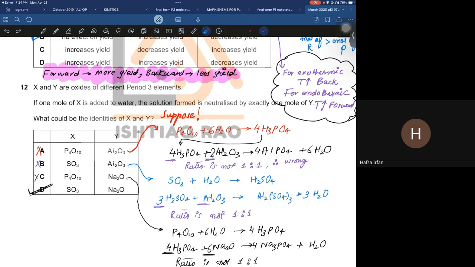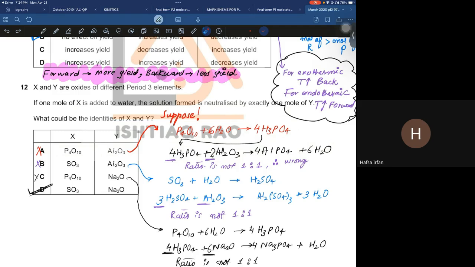Let's suppose I'm trying option A, it's P4O10. Let's suppose this is X and I'm going to react it with water and it's going to produce H3PO4. The solution formed is neutralized by exactly 1 mole of Y. It's Al2O3. H3PO4 is going to react with Al2O3 and then it's going to form AlPO4 and 6 water molecules.